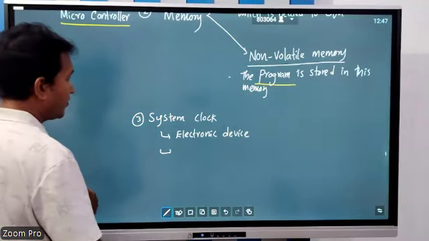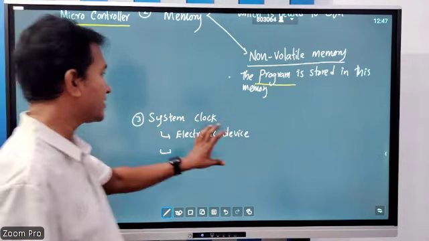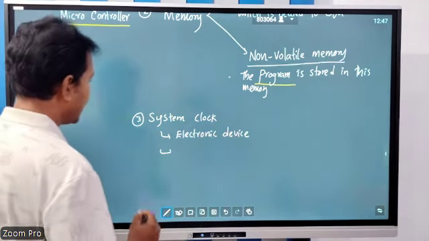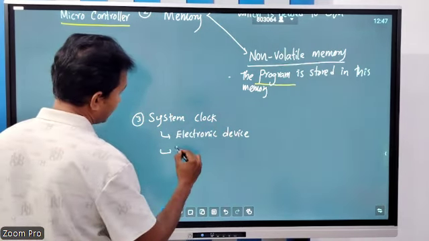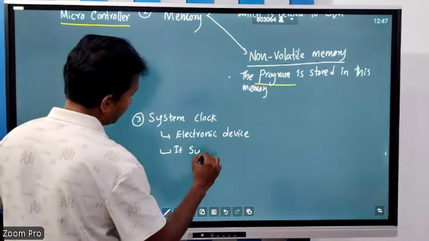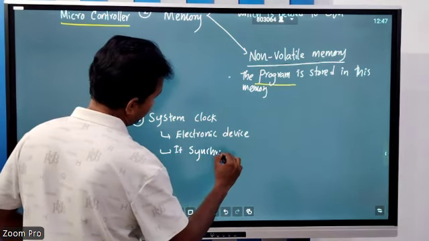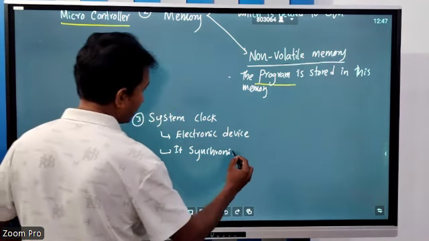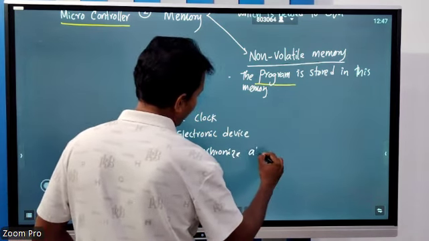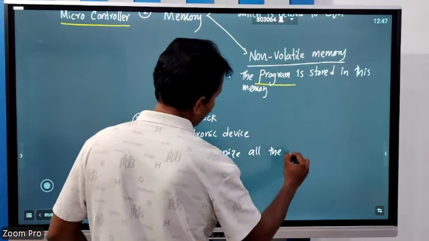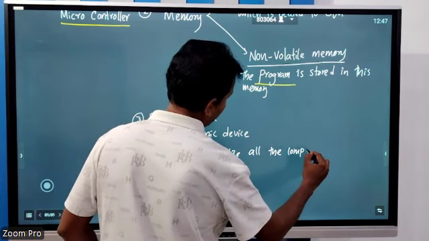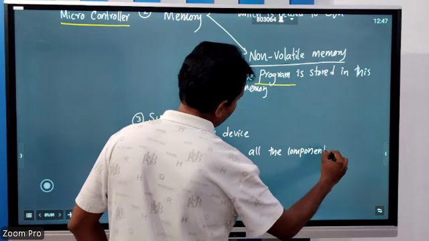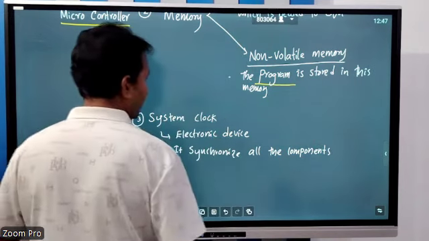What is it doing? It synchronizes all the components of the microcontroller.